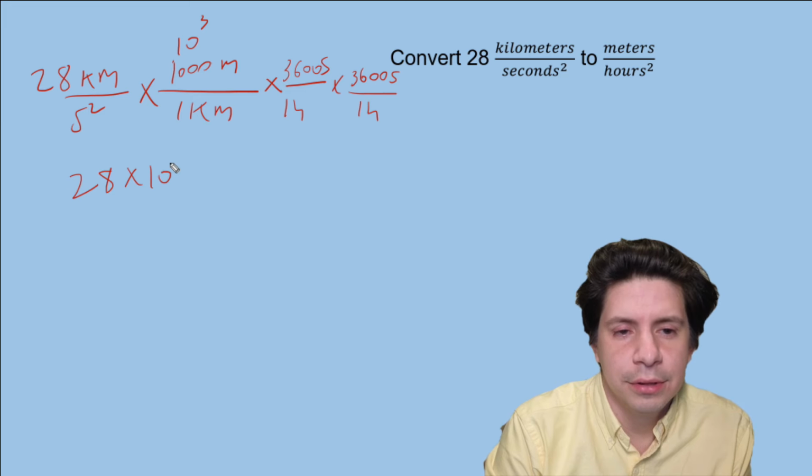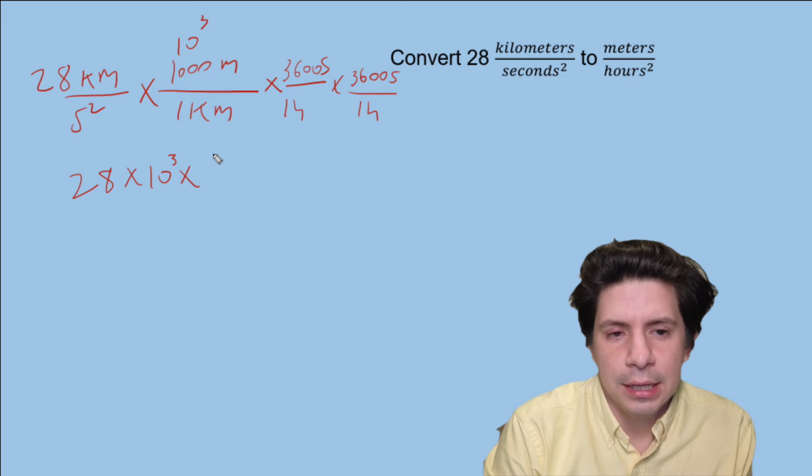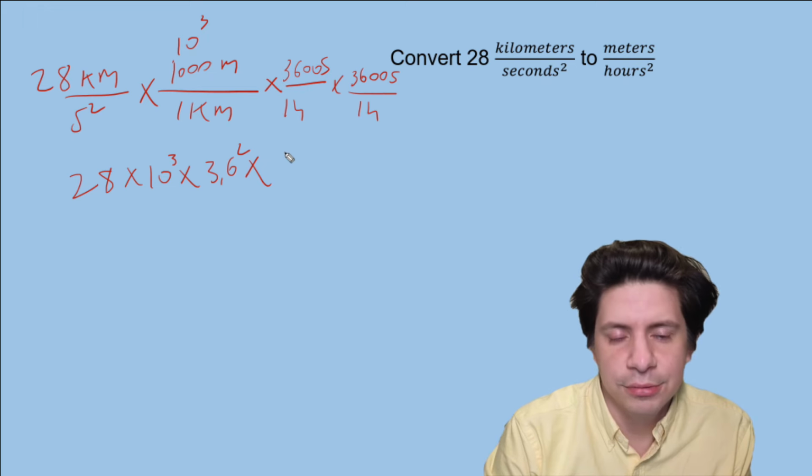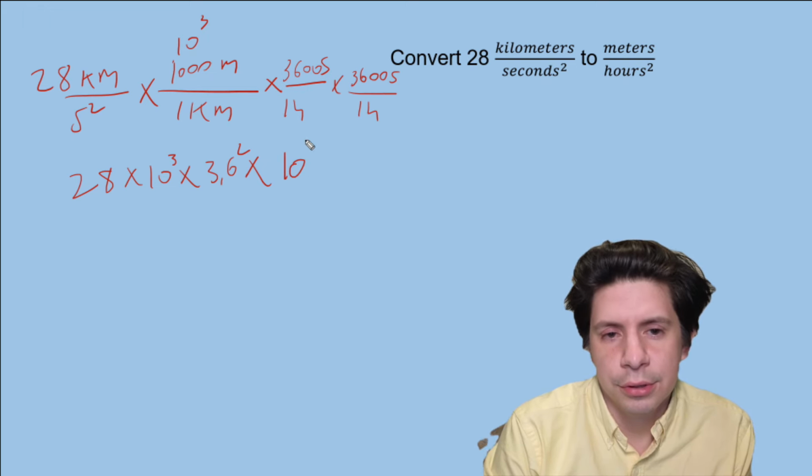And this is going to get us 28 times 10 to the third times 3.6 squared. I'm just combining in an exponential way, and then we'll get the math. Times 10 to the third times 10 to the third.